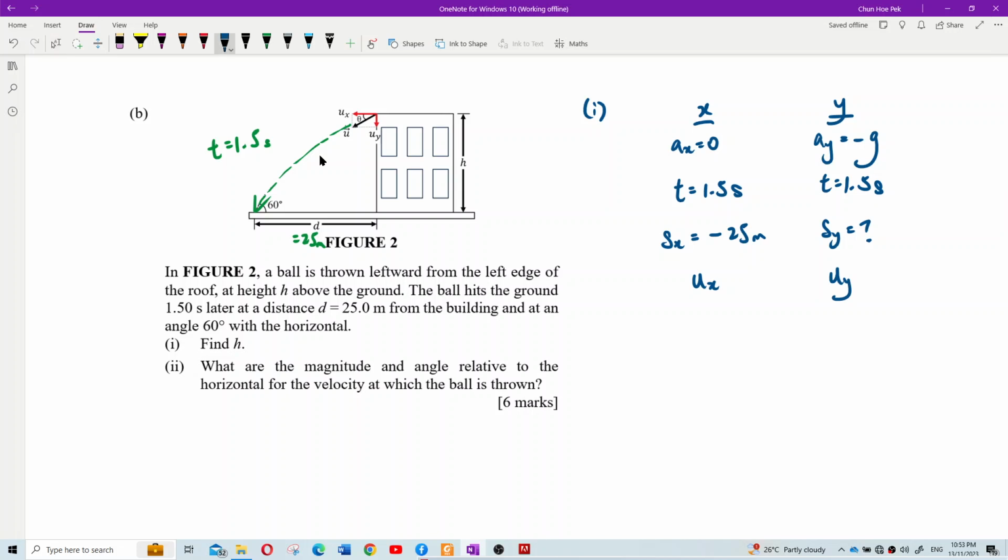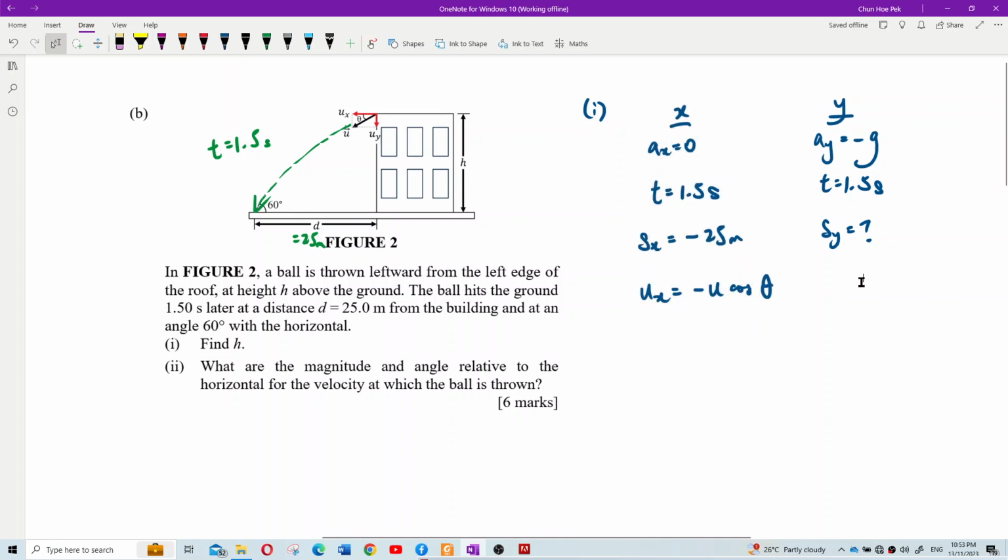UX is actually negative U cos theta. UY is negative U sine theta, because going down, going left.